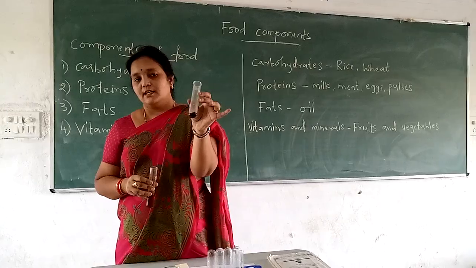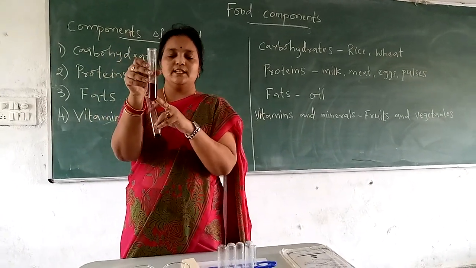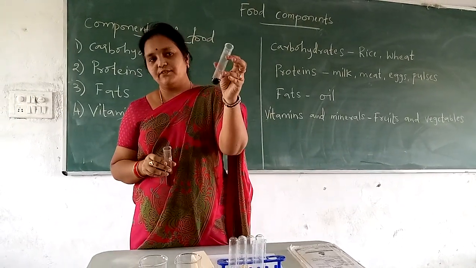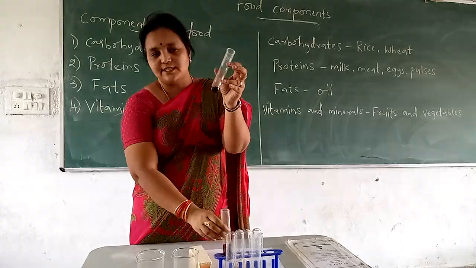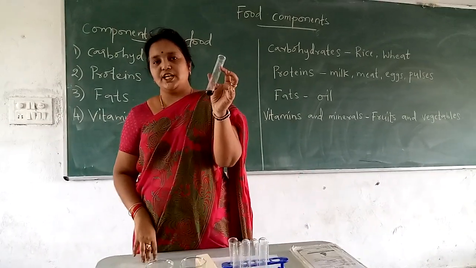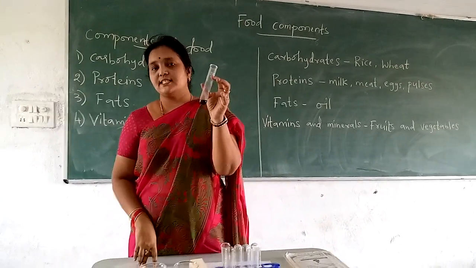Now, what is the color of this iodine solution here? This is brown in color. Now if you carefully observe here, the color has changed. Can you see the change in color? Here the color has changed to dark brown, and sometimes you can also take it as dark blue.